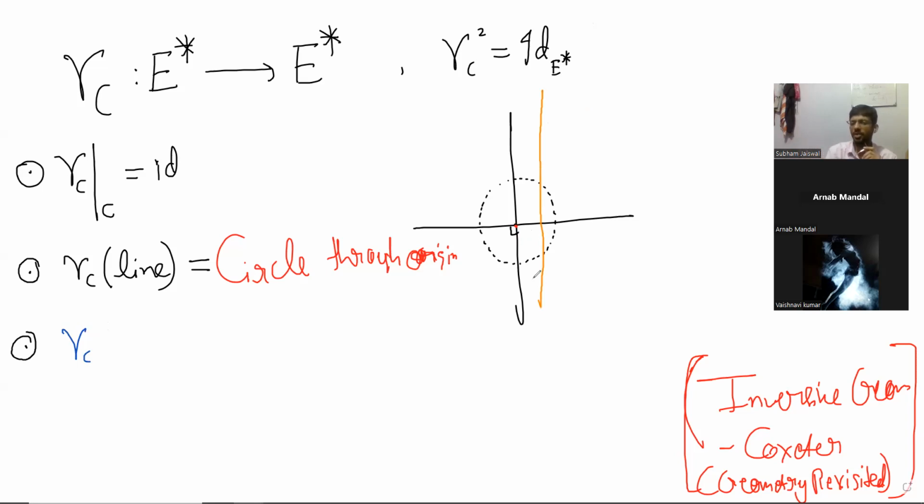What circle are you going to get? By applying gamma c. So I'll just give you a small example of a point. This point, where will this go? You have to send it somewhere here, right? But then what will be the circle that you will get?